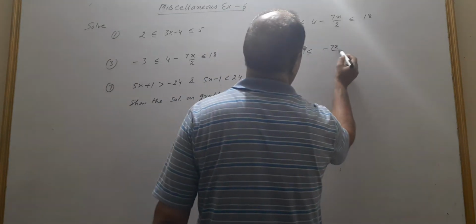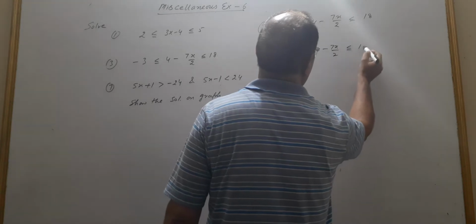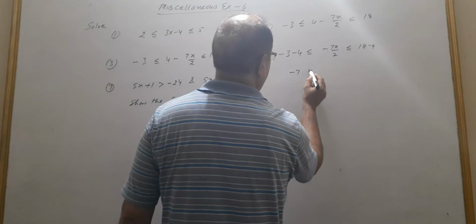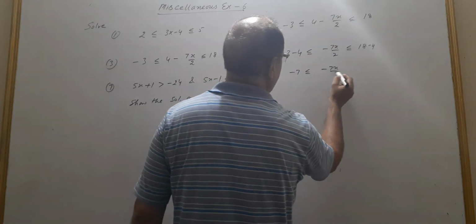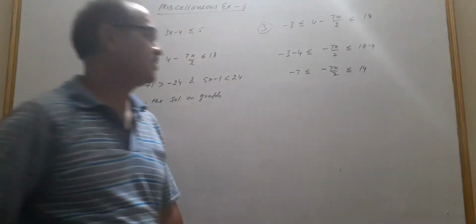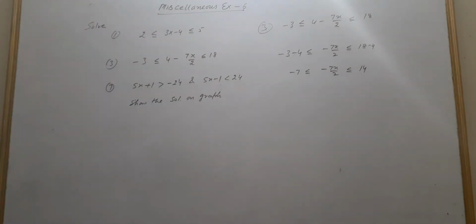This will become 18 minus 4, because here is a plus 4. Minus 7 is less than or equal to minus 7x by 2 is less than or equal to 14. Just subtracting this 4 from all the sides, we get this result.